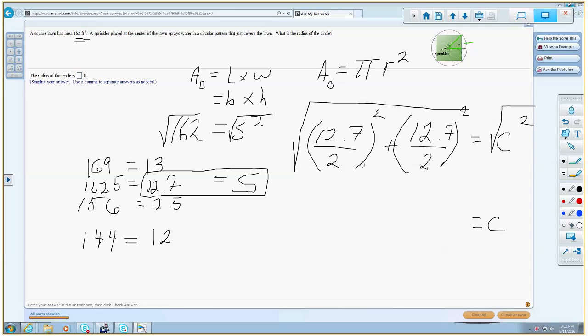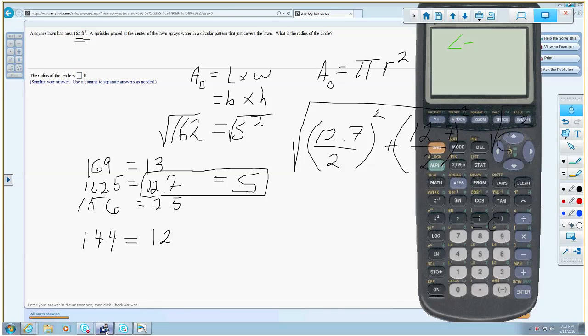So we'll do that with the handy dandy calculator right quick if I can find it. I'm trying to find it. Oh Lord, this is going to be frustrating. All right, here we go. So 12.7 divided by 2.